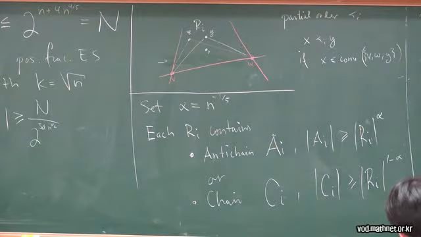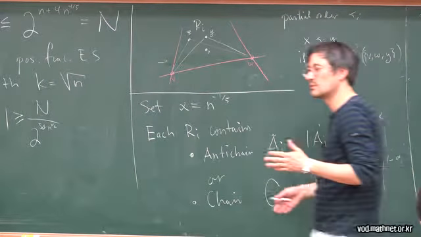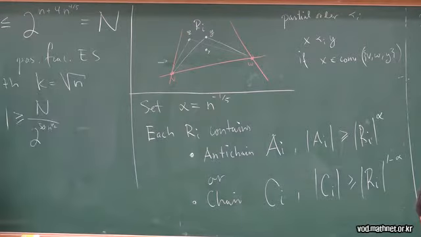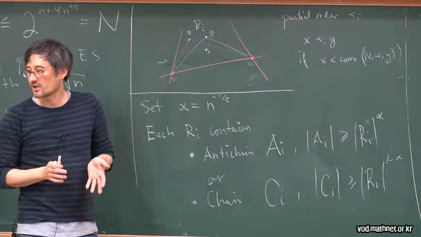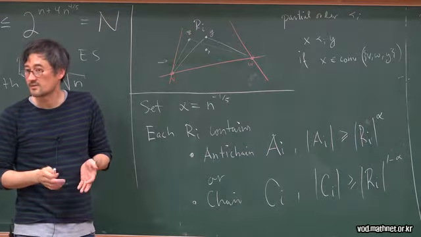This is the first or second theorem I mentioned, about the width and the height of a partial order. The length of the longest chain times the length of the longest anti-chain is at least the number of points there.